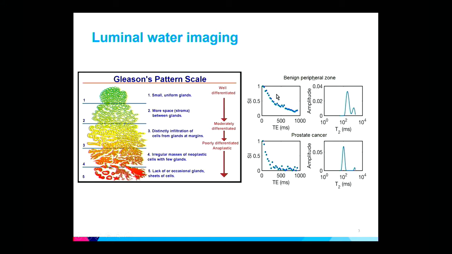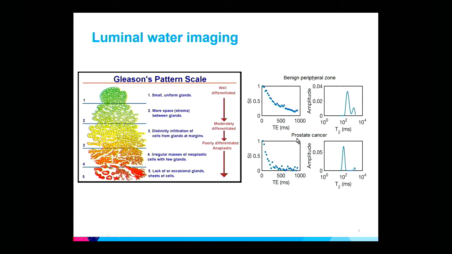For example, in a benign prostate pixel, here you see an example of a T2 decay curve, which normally has a very slow T2 decay. With multi-component modeling, you can find two distinct peaks: one with a smaller T2, mostly related to the cellular tissue, and a distinct peak with long T2 values, coming from the luminal glands.